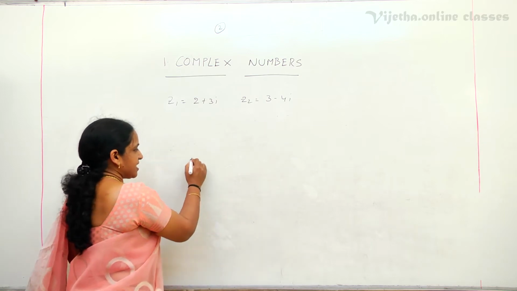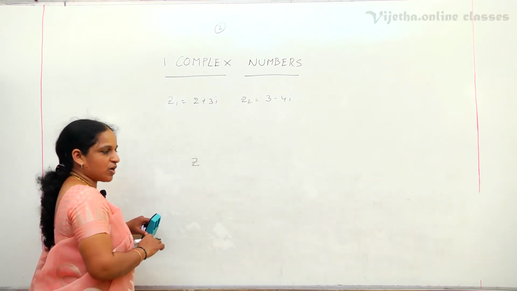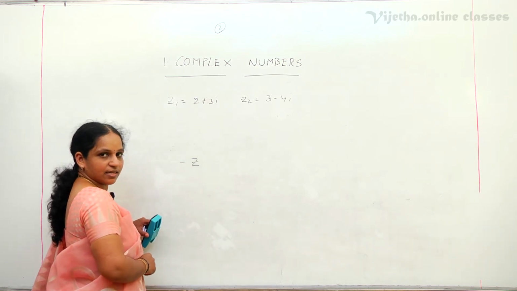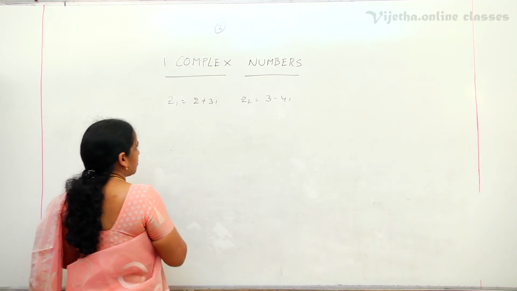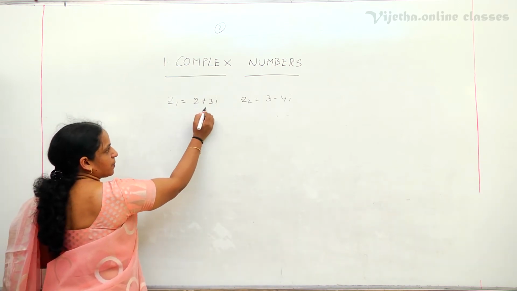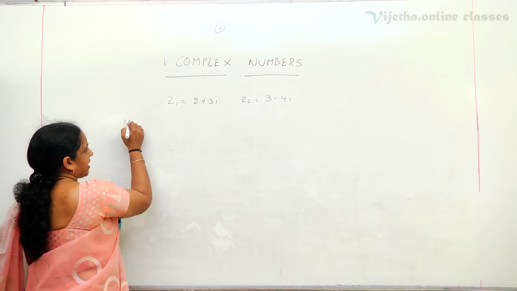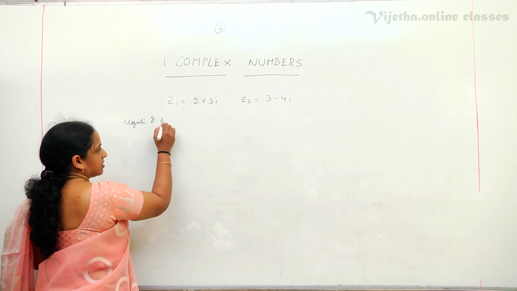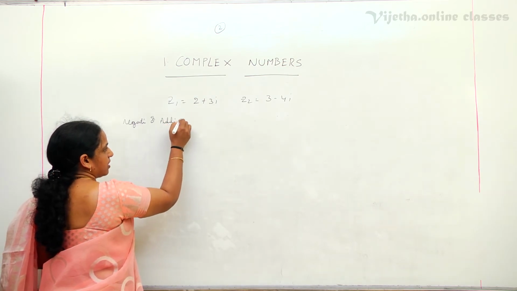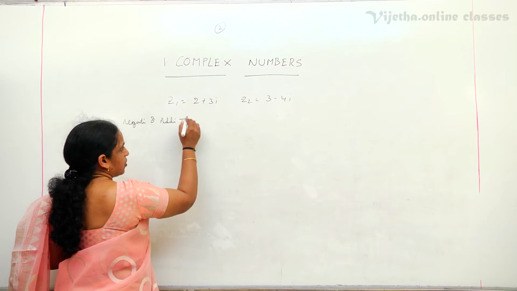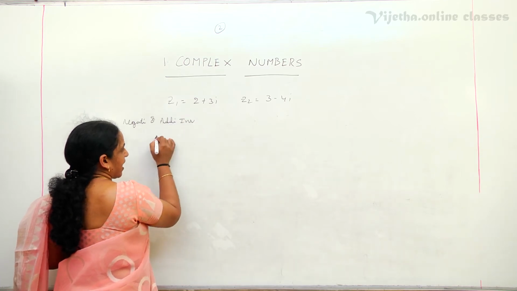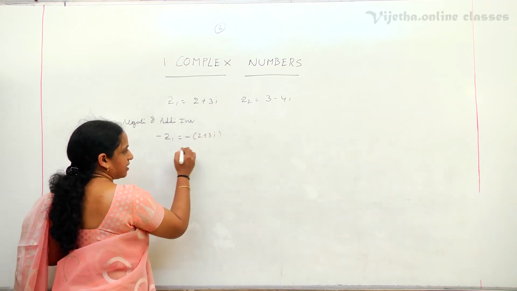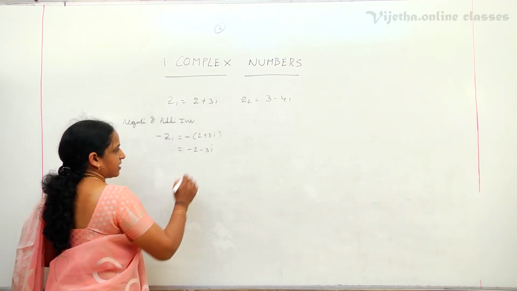If Z is the complex number, then the negative of the complex number or additive inverse is minus Z. For example, for the complex number Z1 equals 2 plus 3i, the additive inverse of Z1 is minus Z1, that is minus of 2 plus 3i, so minus 2 minus 3i.